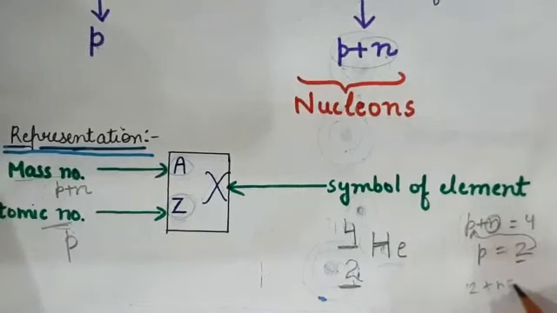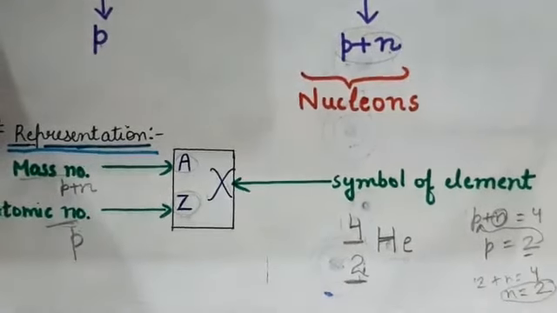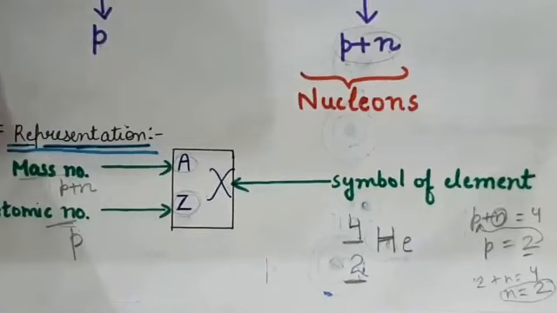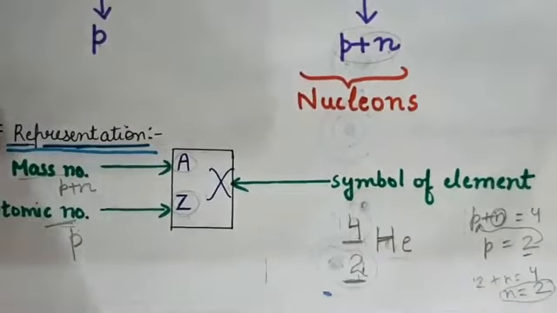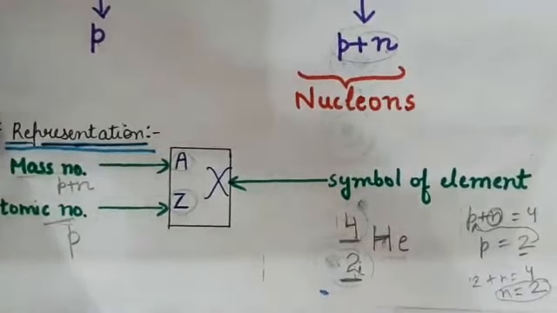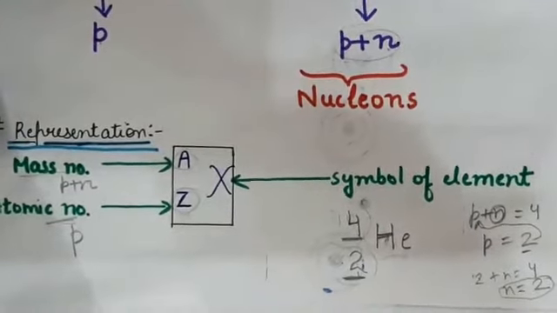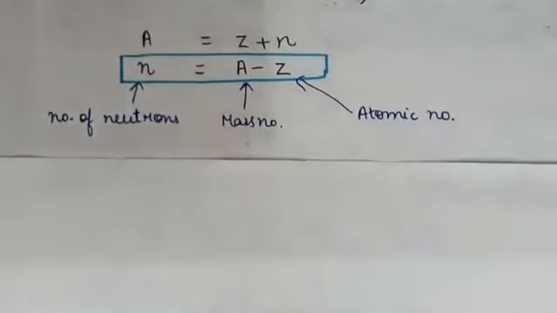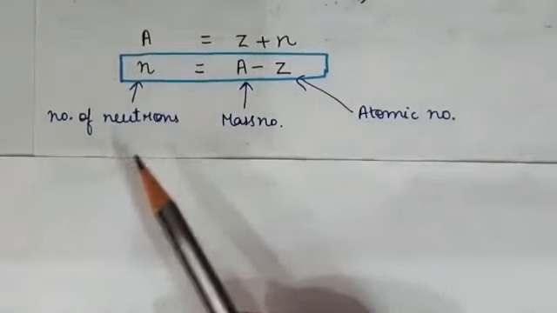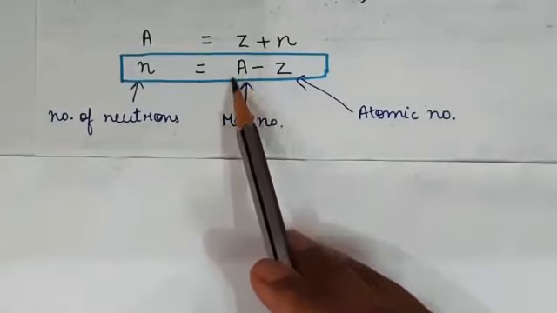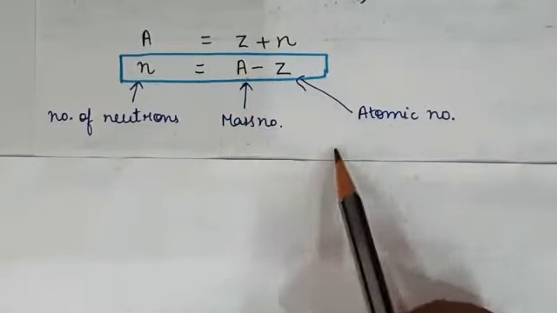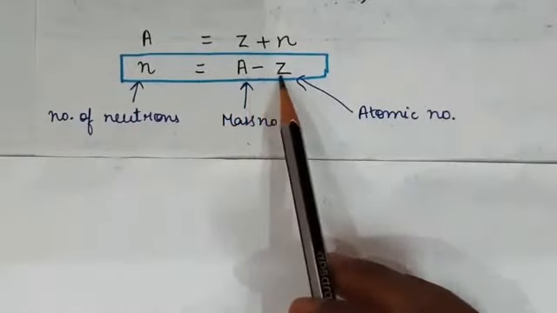So 2 plus n is equal to 4. n is equal to 4 minus 2, that is 2. So the number of neutrons is 2. How did we get it? Mass number minus atomic number, simply. That gives the number of neutrons. So you can write down this formula in your notebook. Number of neutrons is equal to mass number, represented as A, minus atomic number, represented as Z.